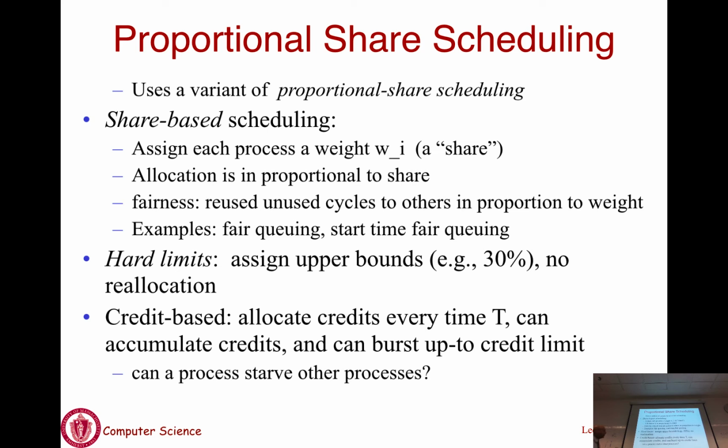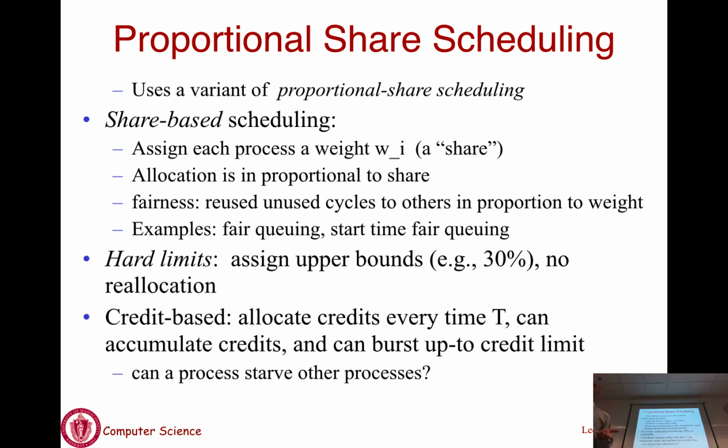Now there are other techniques that are also used or can be used. One of them is called credit-based allocation. In a credit-based allocation, you are given, let's say, one token every so many time units. You can use resources in proportion to the number of tokens you have at any given time. You can spend the tokens that you accumulated.